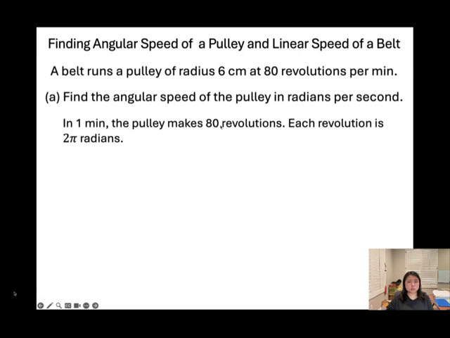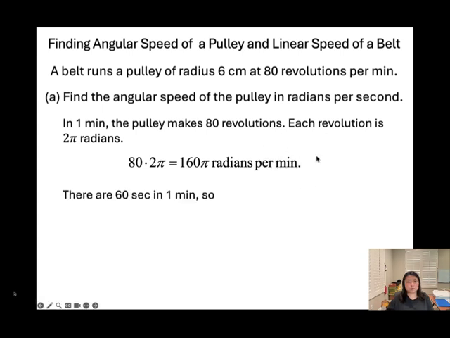Now let me multiply it: 80 times 2 pi is equal to 160 pi radians per minute. 1 minute is equal to 60 seconds. Now we want to find the angular speed.